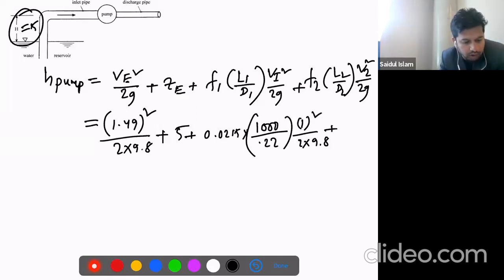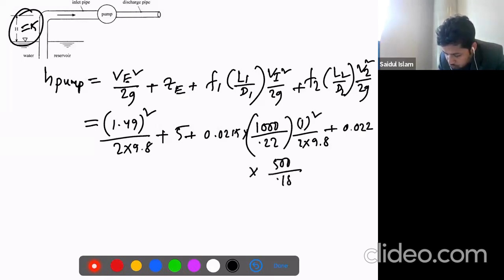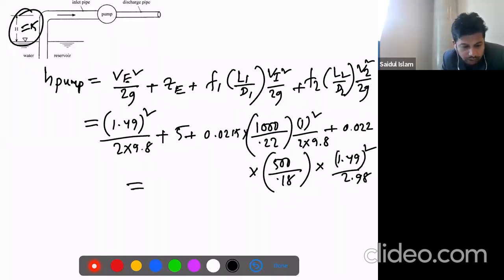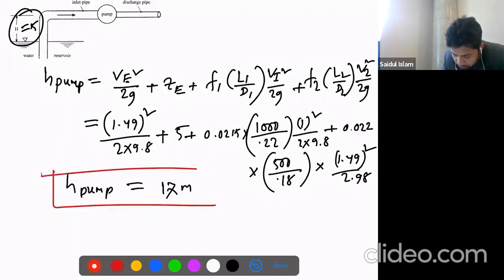F2 we got 0.022, times L2 equal to 500. This is 0.18. V2 we just calculated, 1.49 squared over 2.98. So we get the pump head as 17 meters. That's the pump head, and now we are done with this problem.